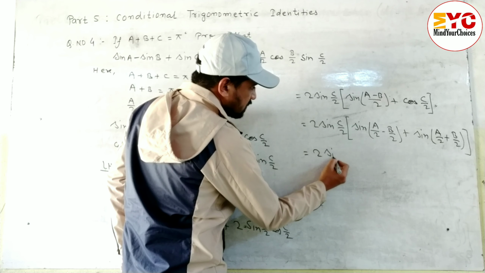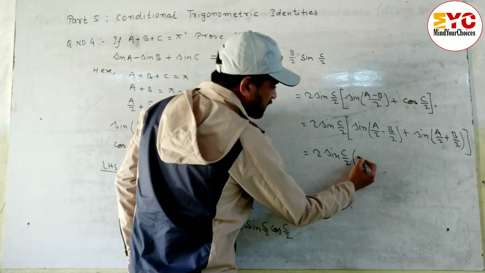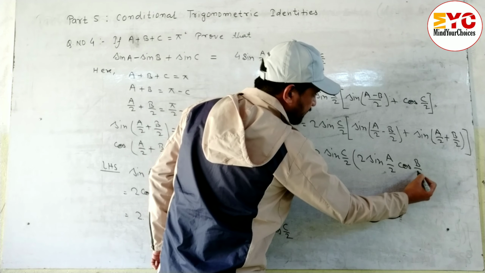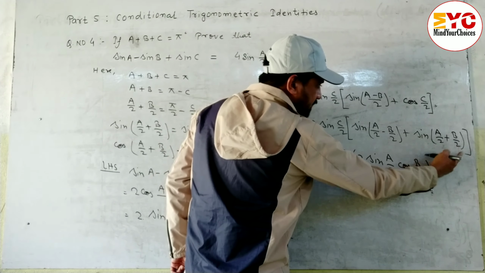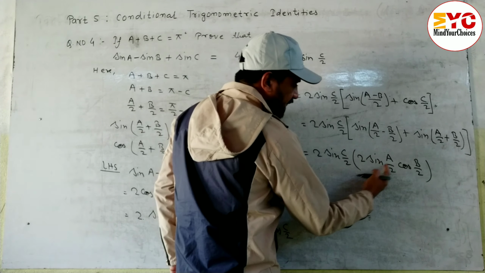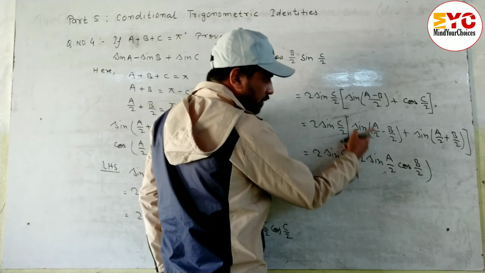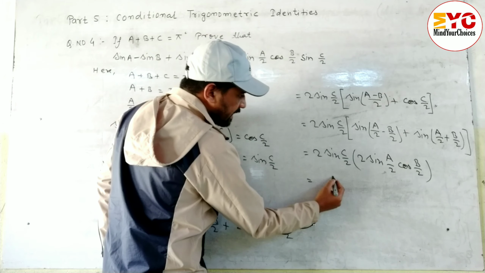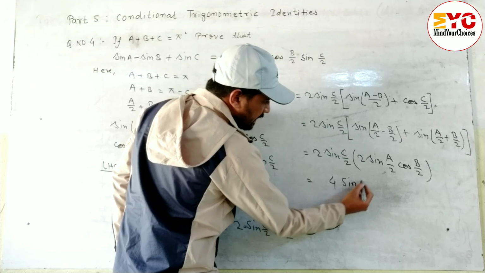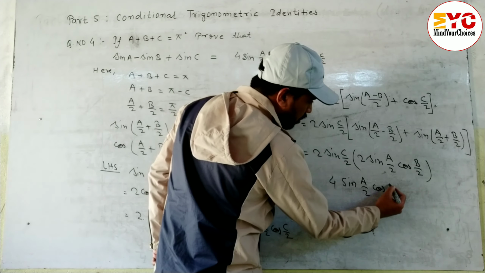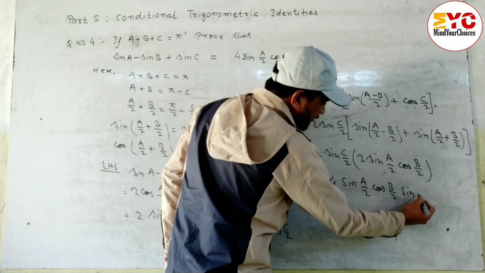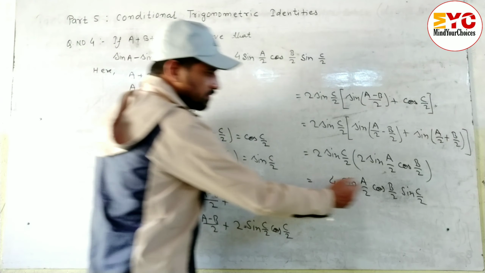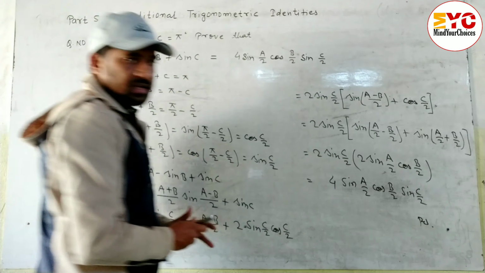So we can write here 2 sine c by 2, and the formula of this gives 2 sine a by 2 cos b by 2. In the place of a, we have a by 2, and in the place of b, we have b by 2. So just multiply now. 2 into 2, 4 sine a by 2 cos b by 2 sine c by 2, which we had to prove. This is the RHS, proved. Hope you understand this question.